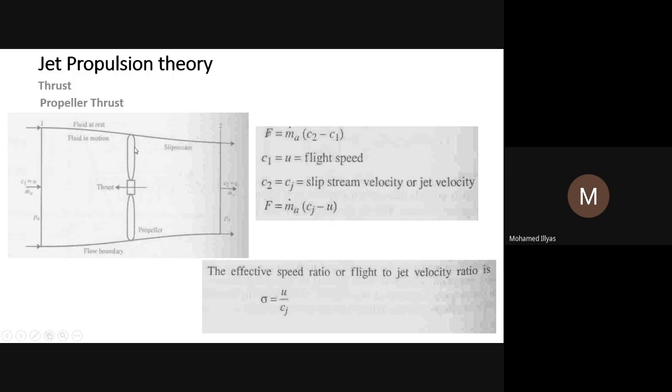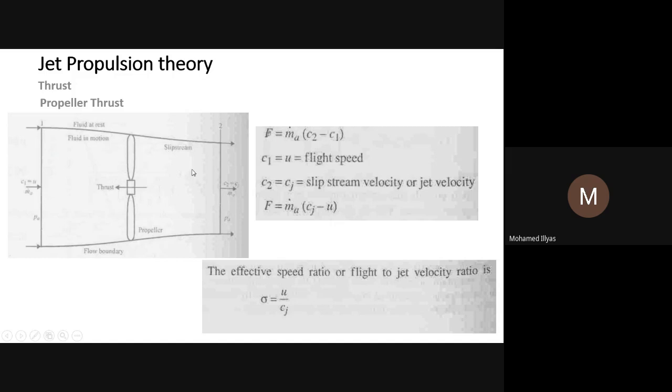The velocity gain, because this energy is transferred to the fluid, correct? It just crosses this, and C1 will become C2 when it comes here. If you closely observe, this flow boundary forms a nozzle-like profile, so that there will be a further rise in velocity.